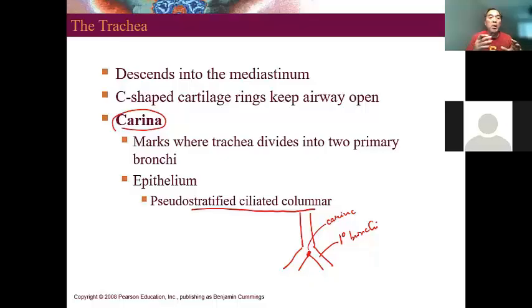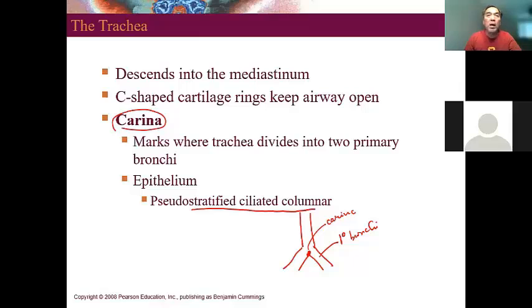The dust particles will be trapped in the mucus lining the trachea down to the bronchi, so the mucus traps the dust particles and then pushes them into the throat. When the mucus goes into the throat together with the dust particles, it produces what we call expectoration or the coughing reflex. And that's the main reason for the cilia, okay?